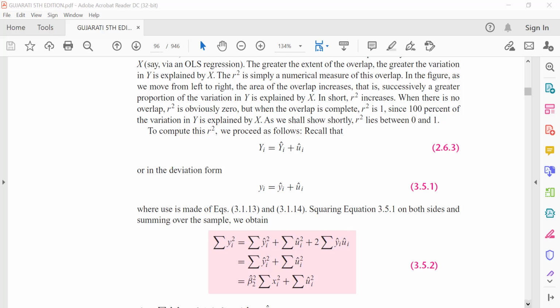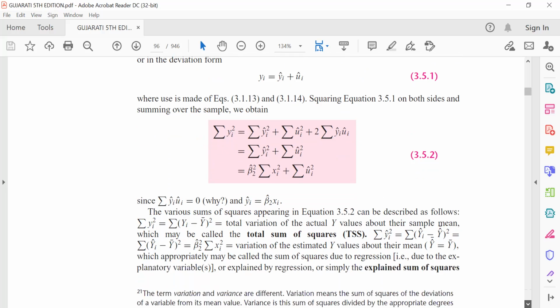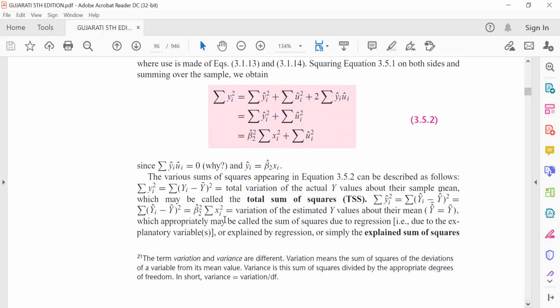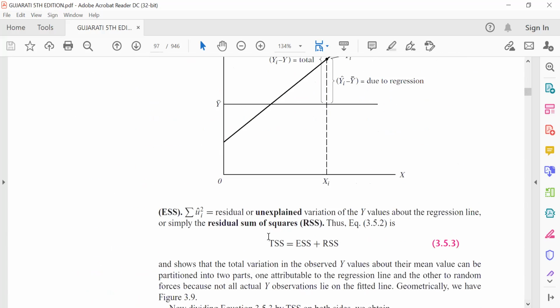This one how to calculate the determinations, coefficient of determinations. Okay. Here we have total sum of square is equal to explained sum of square plus residual sum of square.